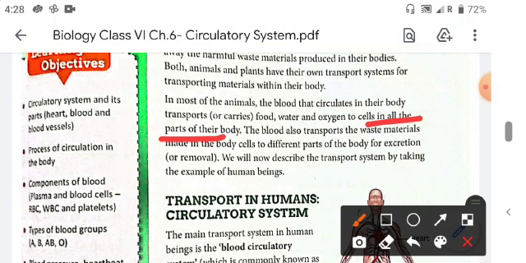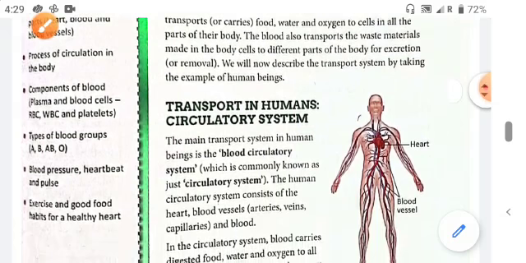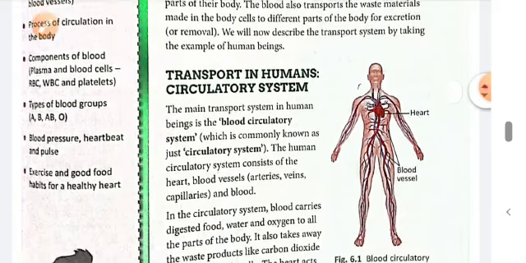The blood also transports the waste materials made in the body cells to different parts of the body for excretion or removal. We will now describe the transport system by taking the example of the human being. Here, about the human being, how the transport system occurs and how it works, we will study here.